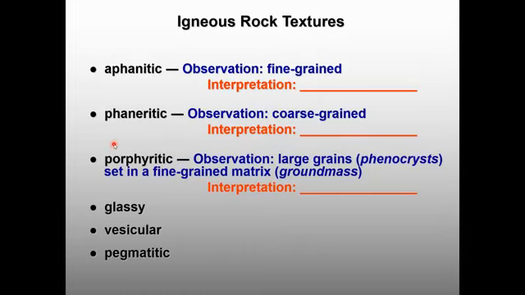Now, just a few little extra definitions that we could talk about. We talk about rocks that are aphanitic. That's the fancy term for fine-grained. We talk about those that are phaneritic. That's coarse-grained. And porphyritic. That's coarse grain inside a fine grain.